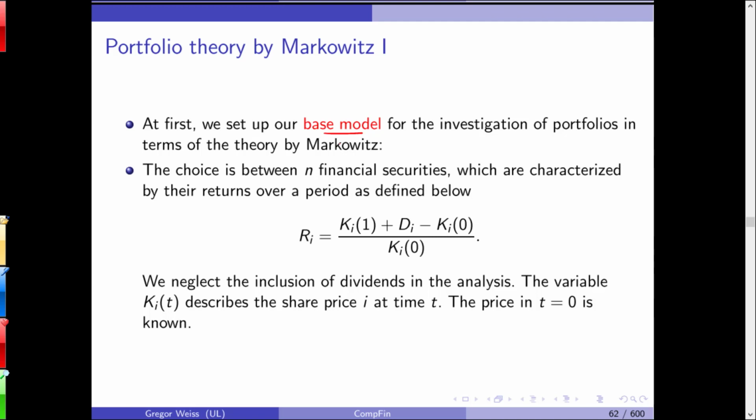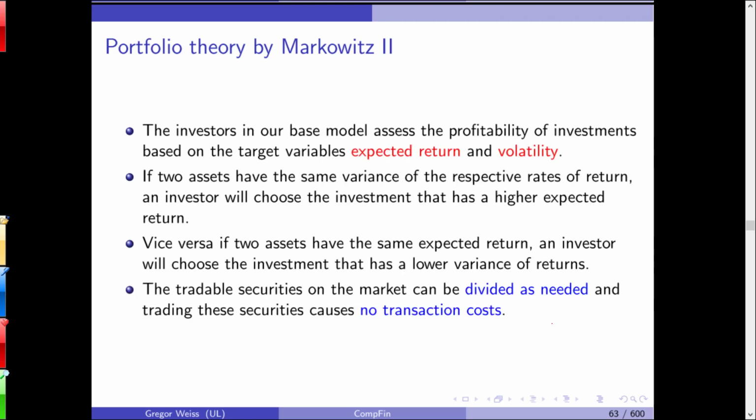You might want to include a dividend payment, but we can also leave that out for the moment. So usually we neglect dividends, so it's simply price tomorrow minus price today over price today. Yeah? So the price today is obviously known, so risk only stems from the fact that tomorrow's stock price can change.